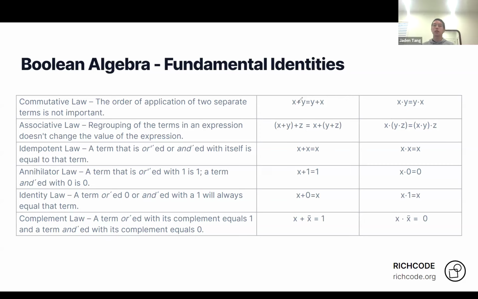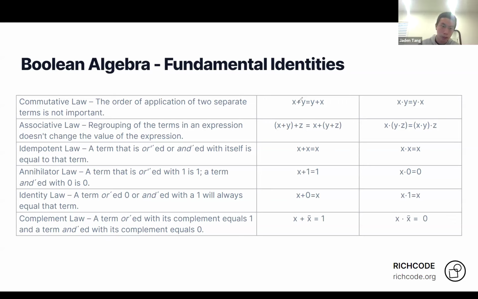And then also the associative law: regrouping the terms in an expression doesn't change the value. If we did x plus y and then plus z, it would be the same as x plus the sum of y and z. And the same thing with multiplication: x times the product of y and z is the same as x times y, multiplied by z.